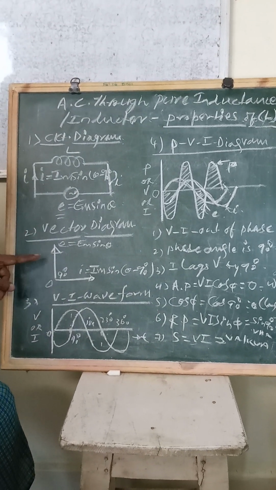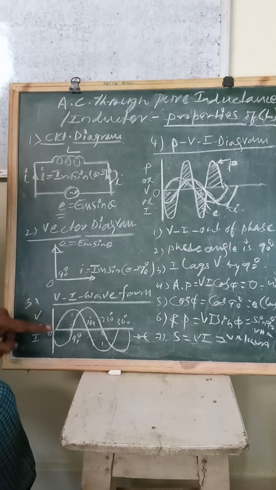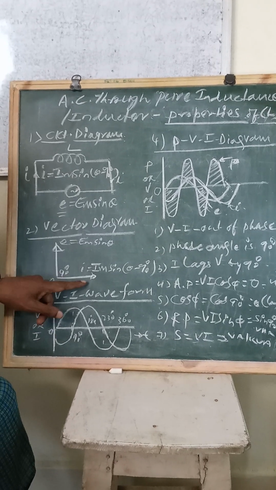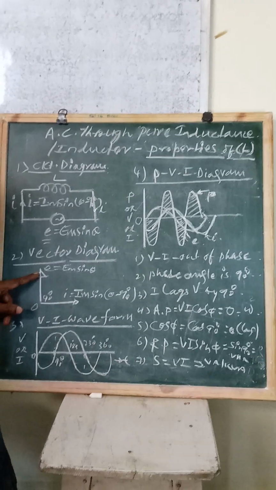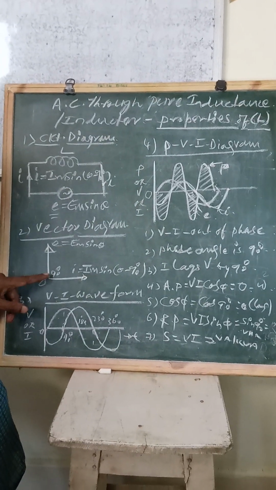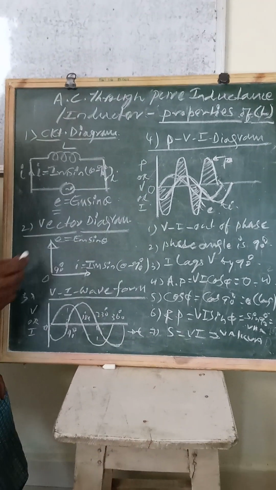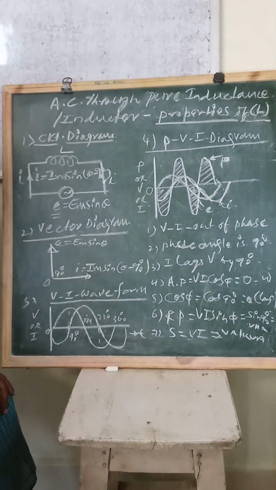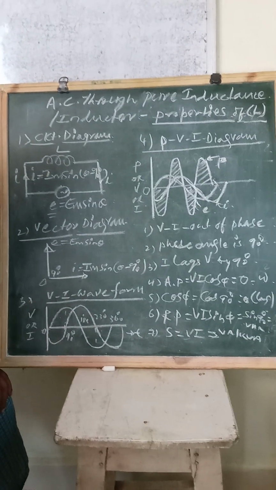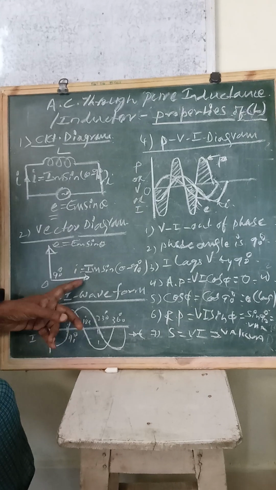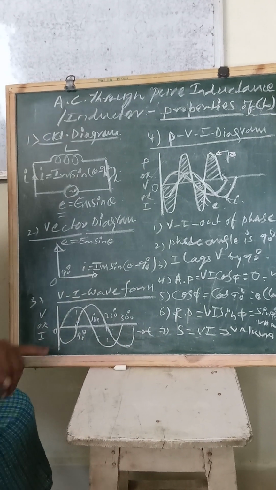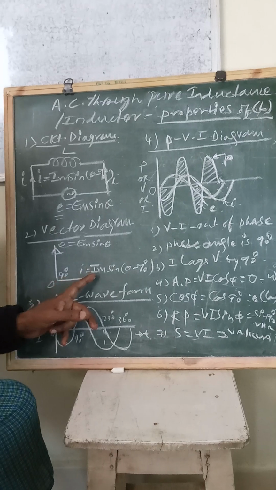So that can be seen in the vector diagram as well as in the waveform or the phasor diagram. I is lagging E by 90 degree where it is shown, and at the same time I told you the EMF will not be expressed in terms of lagging or leading, whereas the current, its effect will have the property of lagging or leading.